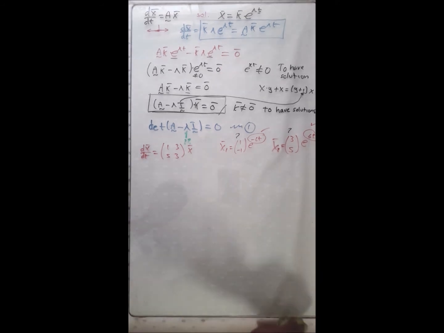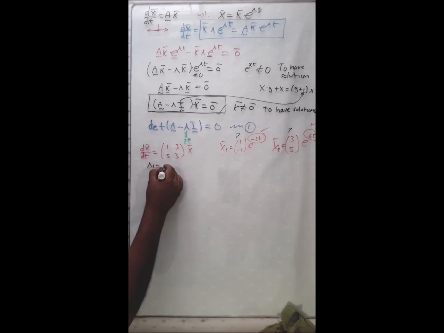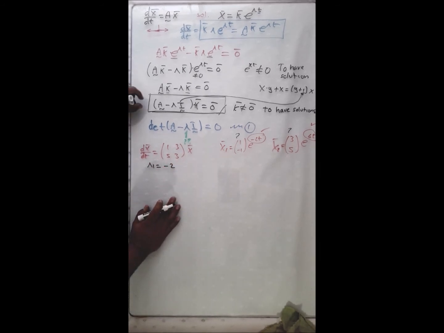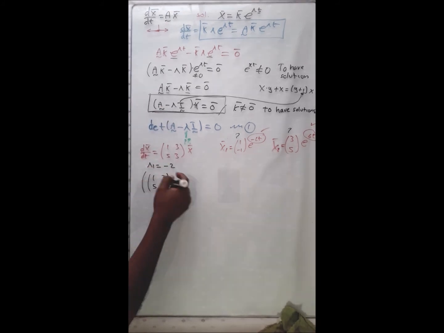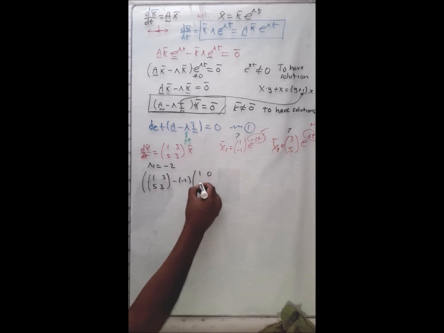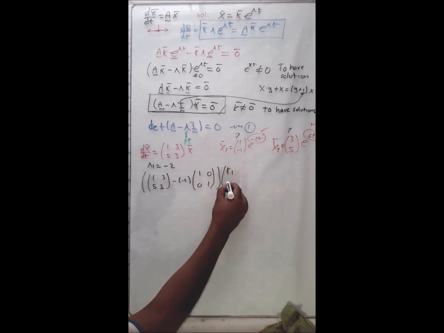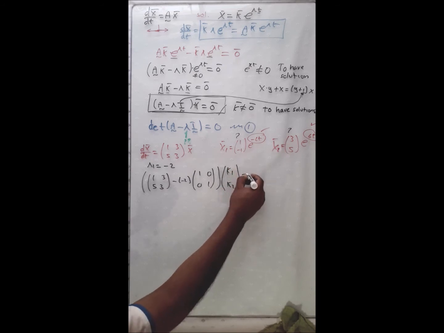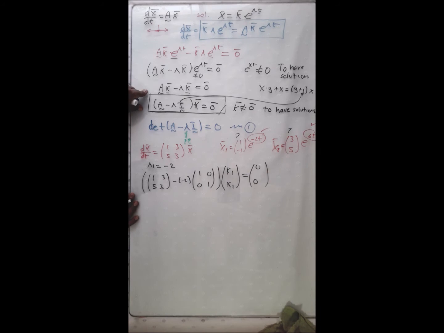I'm going to use the first value of lambda, lambda 1 equal to minus 2. So it's going to be the matrix 1, 3, 5, 3 minus the value of lambda, replacing minus 2, times the identity matrix 1, 0, 0, 1, and then times the k vector, k1 and k2, equal to my 0 vector.